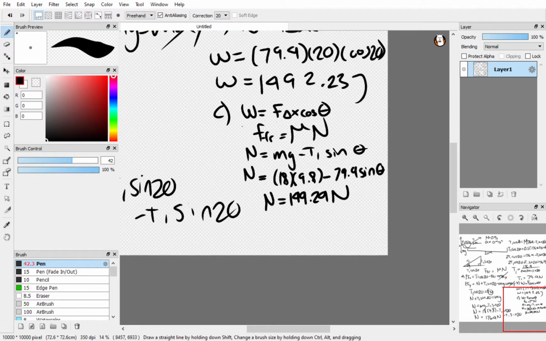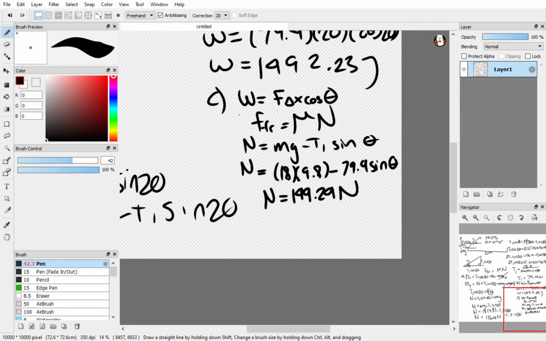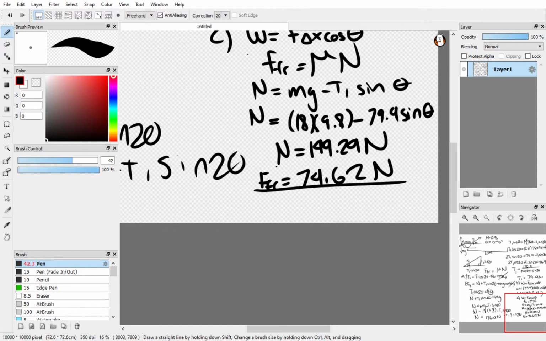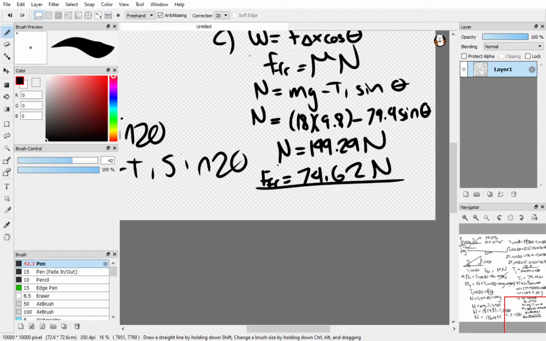That's the normal force we got, and then we're going to plug that in and solve for the force of friction, and that would be equivalent to 74.62 newtons. While that is the force of friction, we're solving specifically for the work of friction in this equation. So we would plug it into W equals F delta x cosine theta.